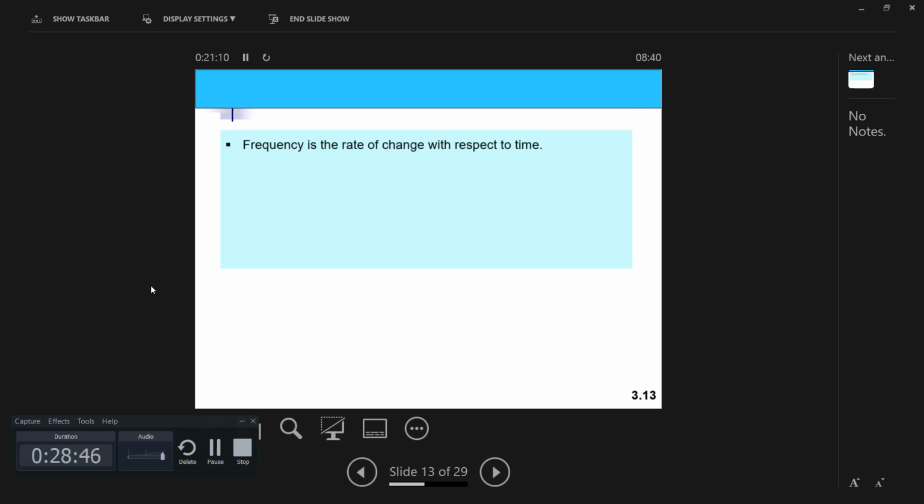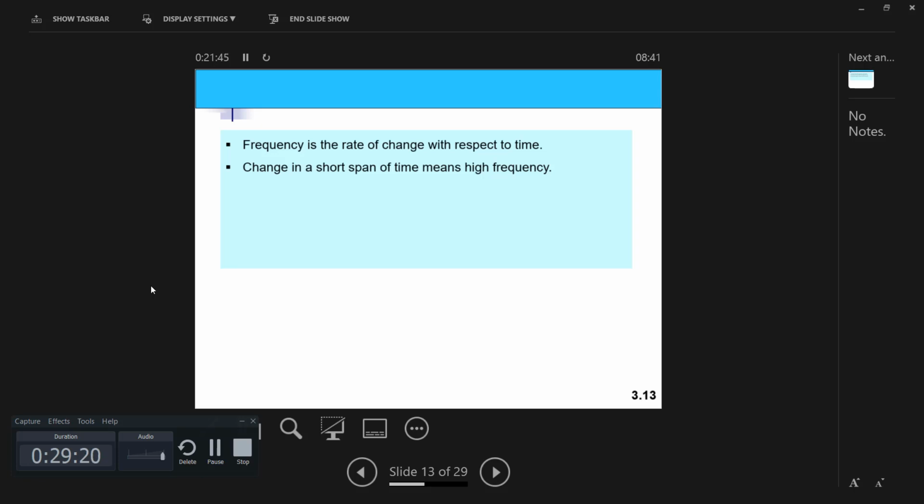So the frequency is the rate of change with respect to time. If the frequency is high, it means that the signal is changing very fast. If the frequency is low, it means that the signal changes very slowly. A change in a very short time means high frequency. For example, if our signal goes 1, 0, 1 quickly in a very short time, the frequency is high.